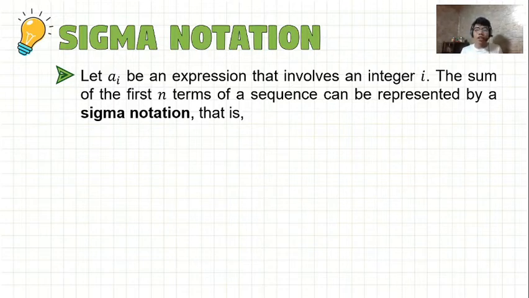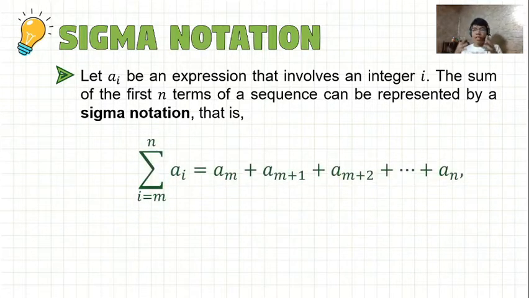Another term for sigma notation is summation notation. So if we're going to rewrite this series in sigma notation form, suppose this is our series: a sub m plus a sub m plus 1 plus a sub m plus 2 until a sub n. If we rewrite this in sigma notation, this is what happens.